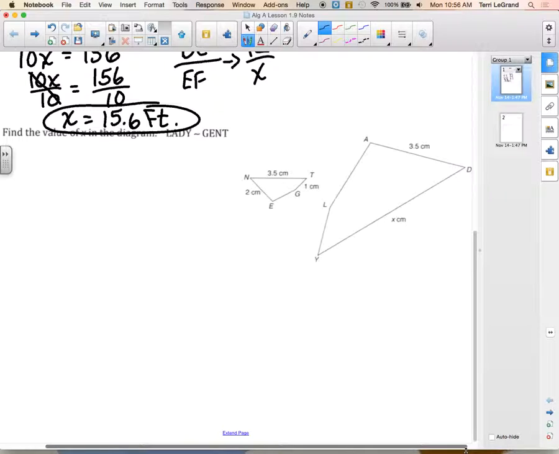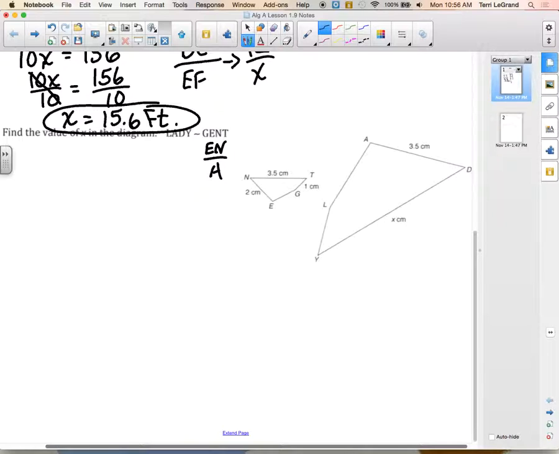In this case, it might be better to start with gent. So in other words, we're not going to use the GE one. We can use EN. So EN corresponds with which side? AD.